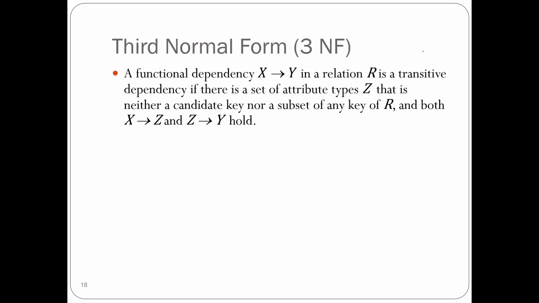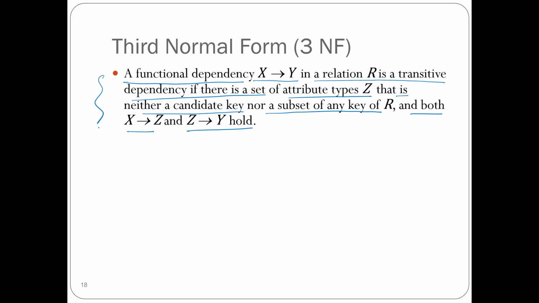Fine, now we'll learn about the third normal form. For that we have to understand another functional dependency. A functional dependency X to Y in a relation R is a transitive dependency if there is a set of attributes Z that is neither a candidate key nor a subset of any key of R, and both functional dependencies X to Z and Z to Y hold.